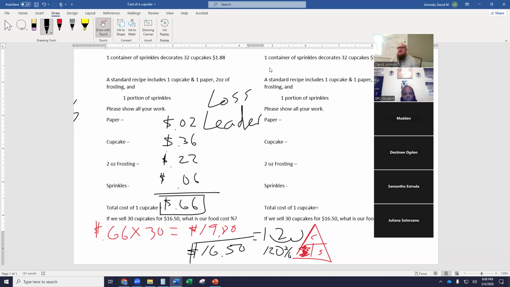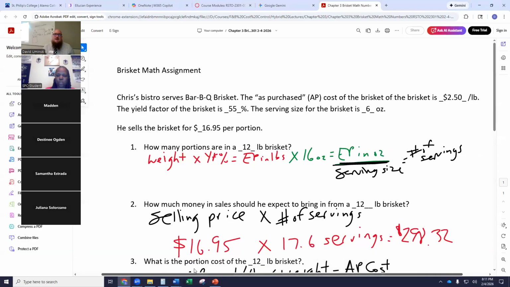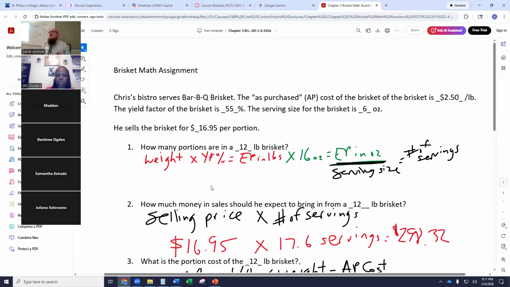Okay, last thing we're gonna talk about today before we leave. And I'm gonna need a moment to get logged in. All right, so this assignment is kind of combining a little bit about that as purchased edible portion. I intentionally gave you a lot of space between the numbers. What I want you to do is draw an imaginary line, kind of divide that space into two places, right?